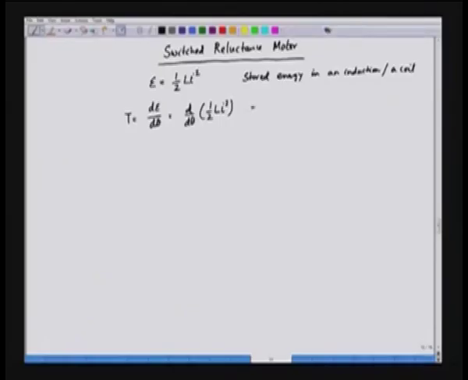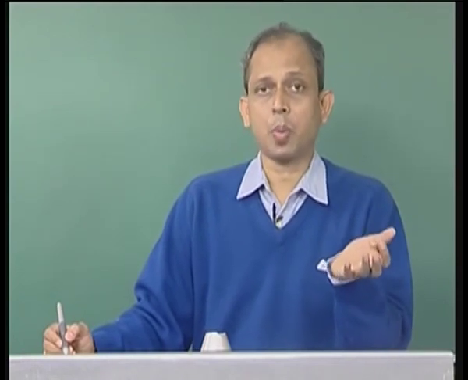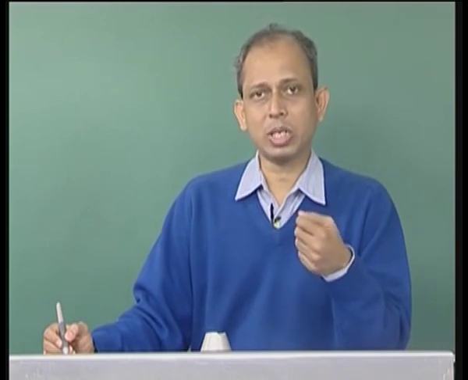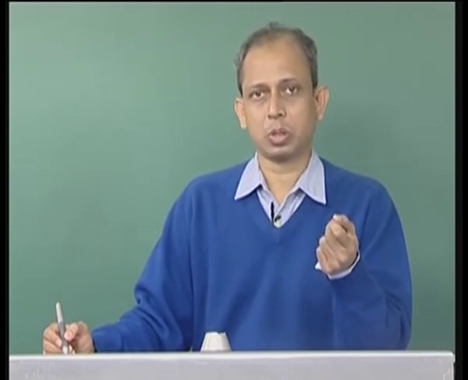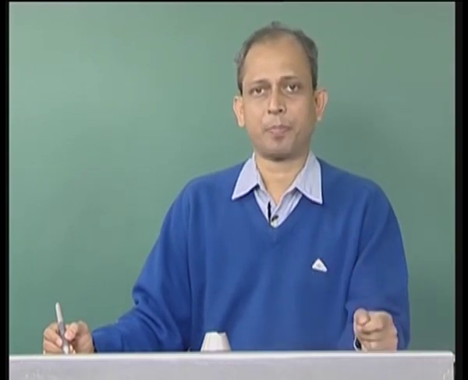So, it is half I square into dL by d theta. So, the torque in a switched reluctance motor is proportional to I square, and also proportional to dL by d theta. It means there has to be an inductance variation with respect to the position, that is theta, and this is the principle of the switched reluctance motor.